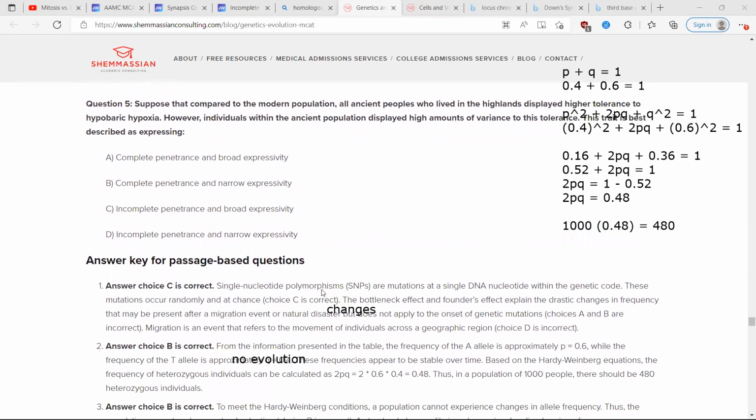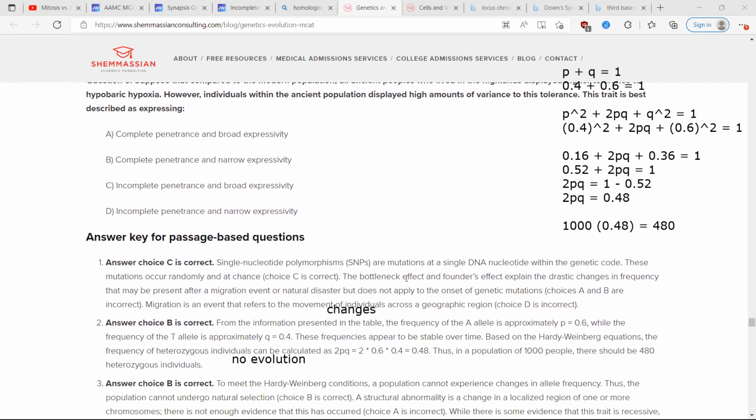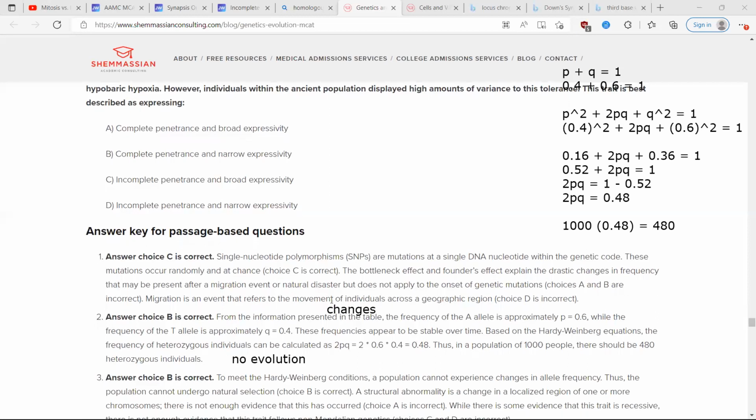Single nucleotide polymorphisms are mutations at a single DNA nucleotide within the genetic code. These mutations occur randomly and at chance. Bottleneck and founders explain drastic change in frequency that may be present after a migration event or natural disaster, but do not apply to the onset of genetic mutations. Migration refers to the movement of individuals across a geographic region.